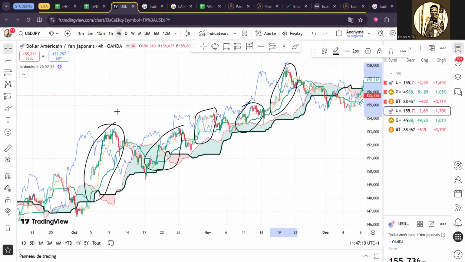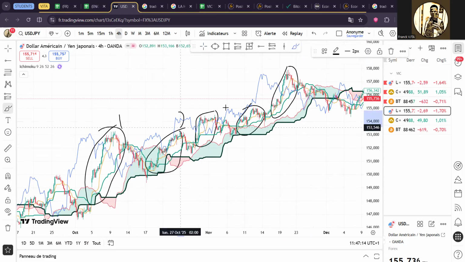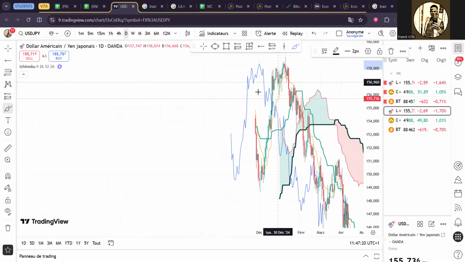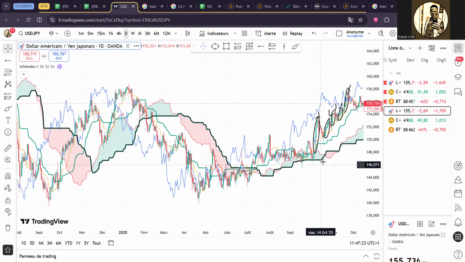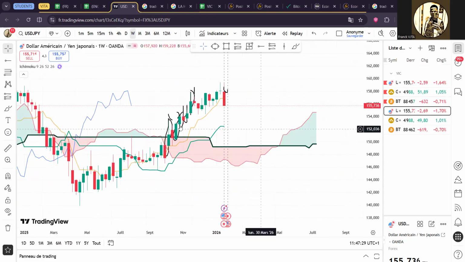So you have 1, 2, 3, 4, 5. But this one is an exception because you see on daily we had a very big movement, we were totally bullish, right? On weekly also we were totally bullish during the transition. The transition on weekly did not make the price go to the downside.